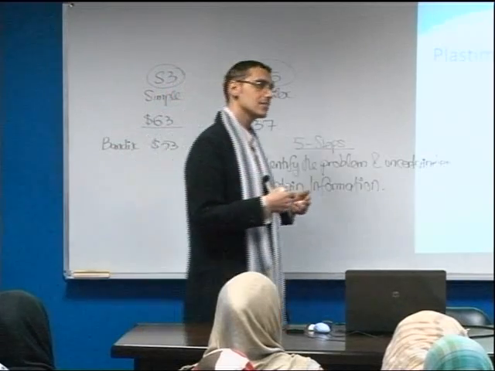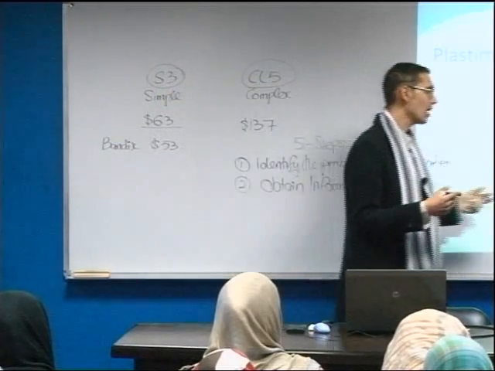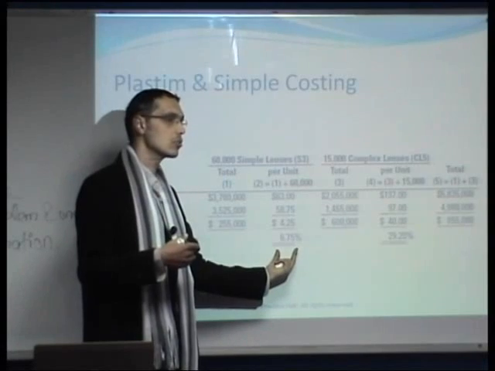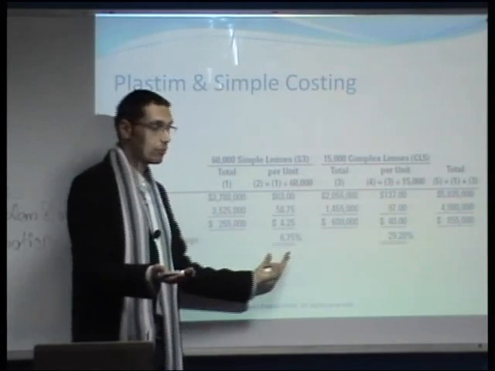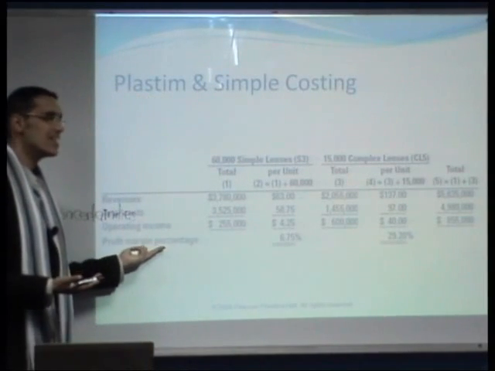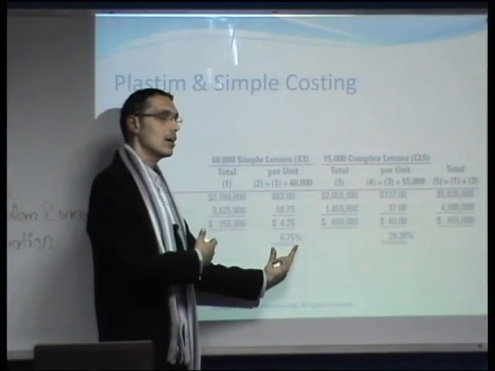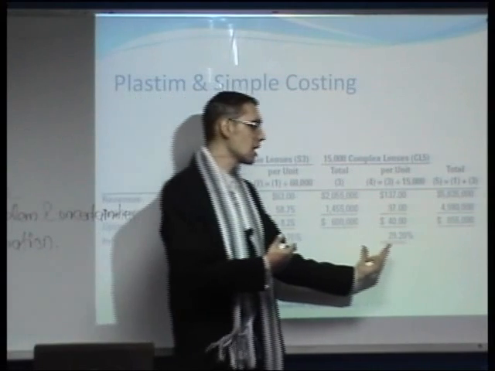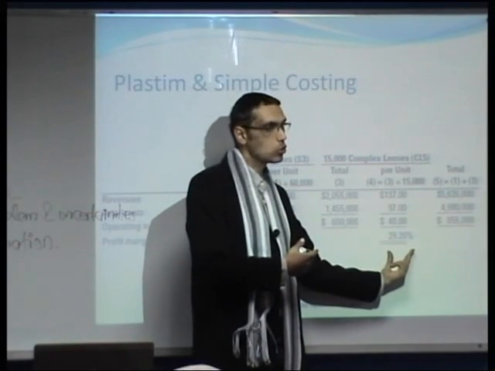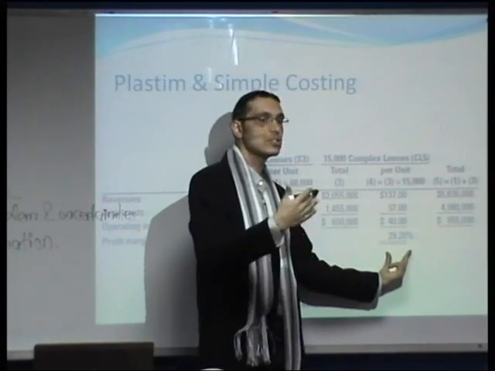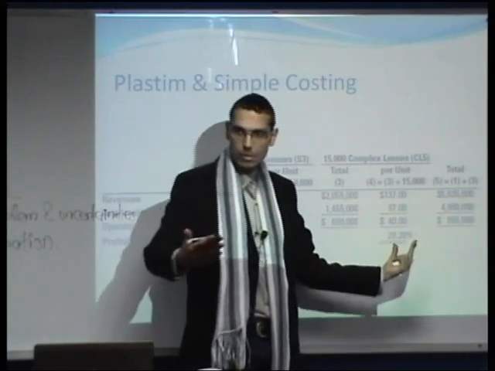Because we might have an over-costing of the simple lens, which would make it less profitable, while if we have over-costing here, that means we would have under-costing there. That means that this would seem more profitable.